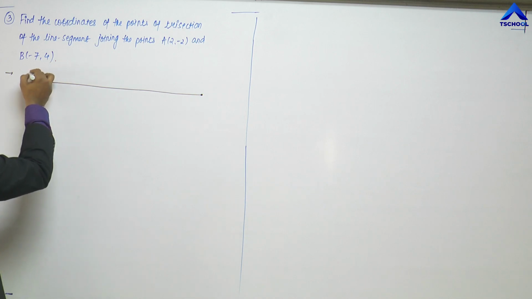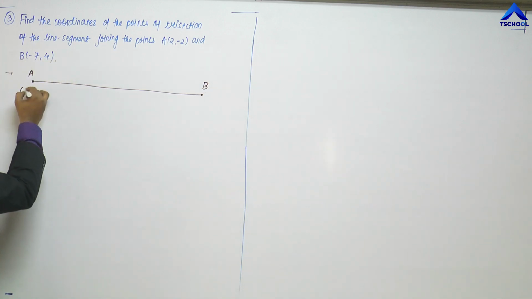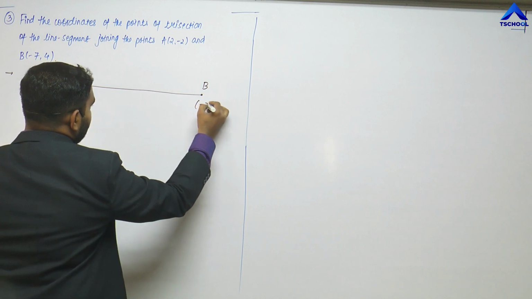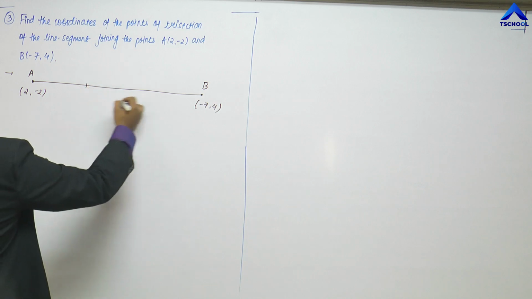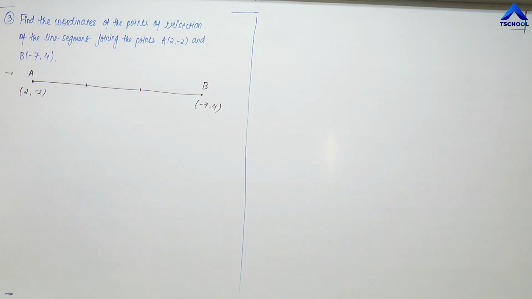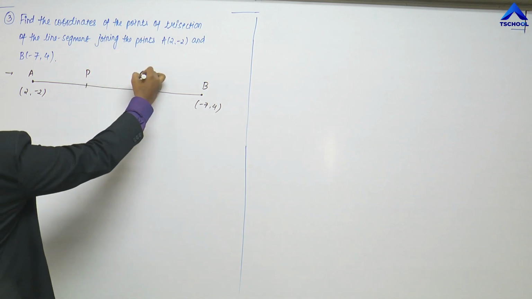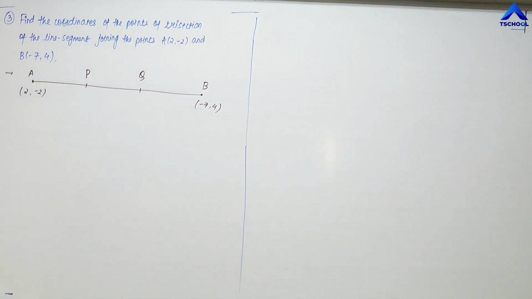This is my A, this is my B. The coordinates of A are given as (2, -2) and B are given as (-7, 4). Trisection means I need to divide this line segment AB into 3 parts. So I shall have 2 points, right? Let these 2 points be P and Q.